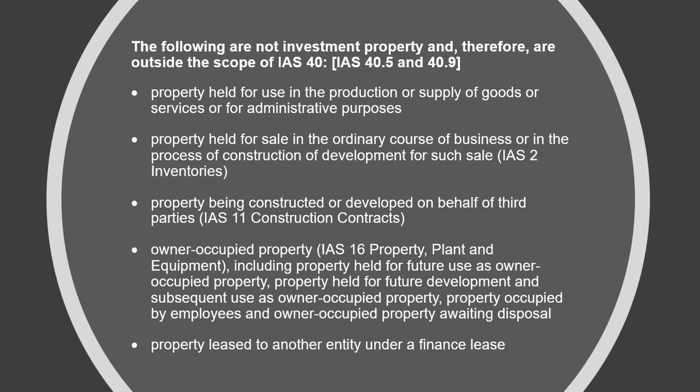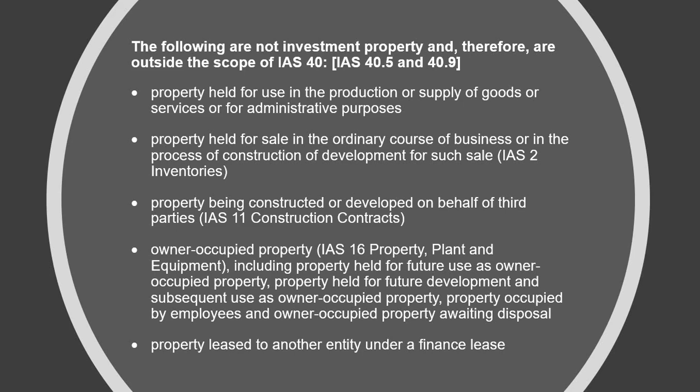Ayan. So of course, this includes property held for future use as owner-occupied property. For example, you are setting aside a certain property to be used in the future as an owner-occupied or as property, plant, and equipment.